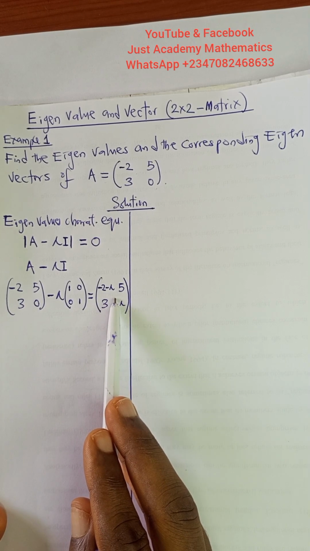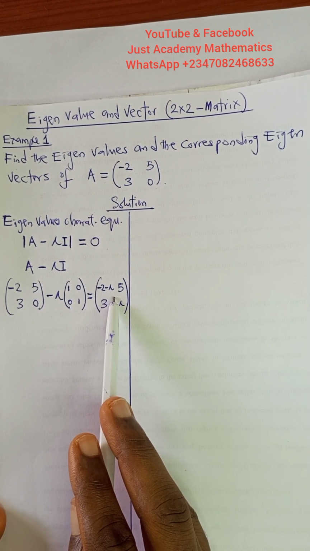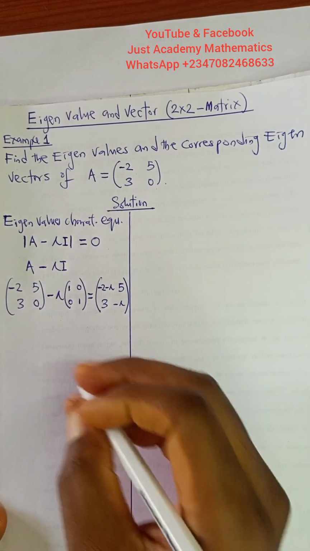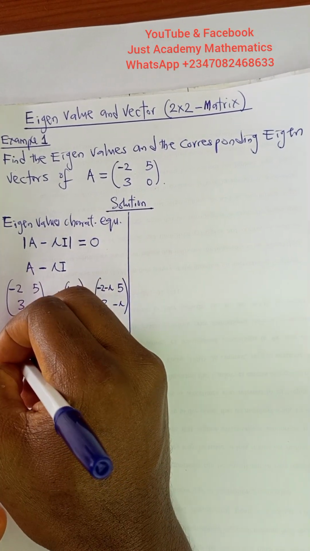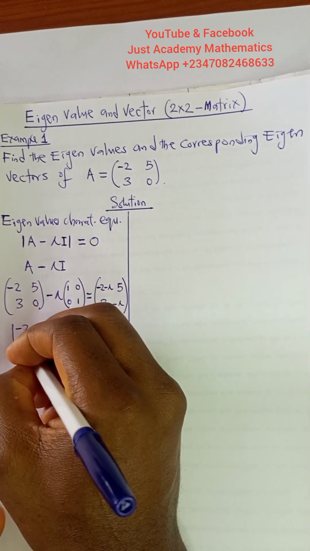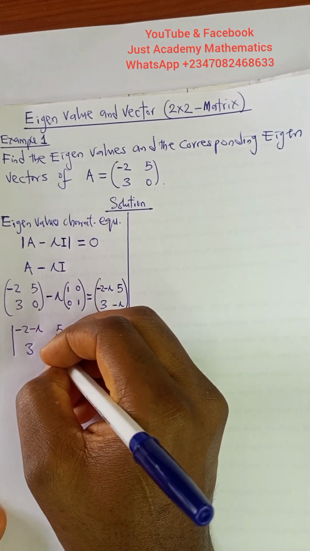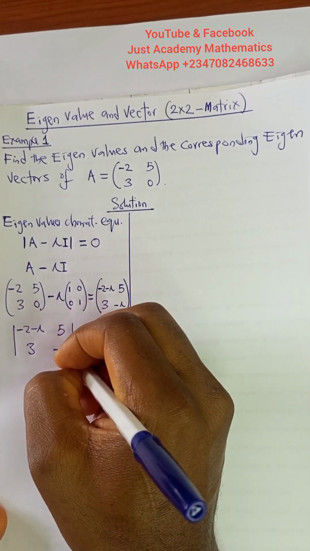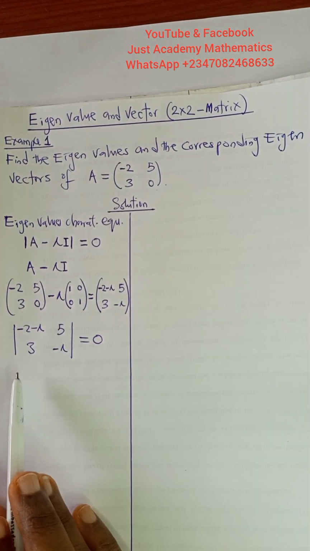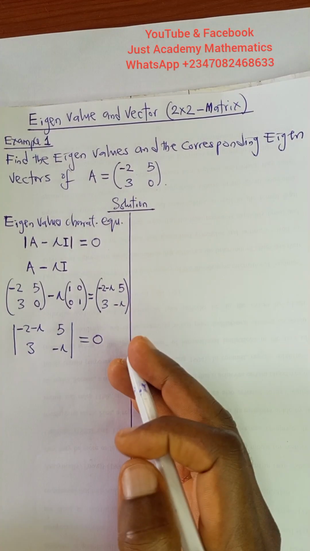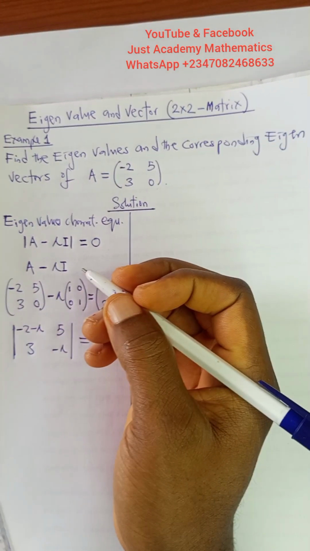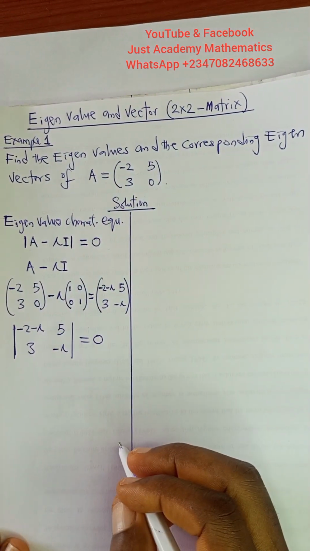The next thing now is to find the determinant of this equals to 0, which is this statement here. So we are looking for the determinant of -2 minus lambda, 3, 5, minus lambda equals to 0. Now what we're actually looking for is lambda, and once we get the lambda, this lambda represents the eigenvalues.